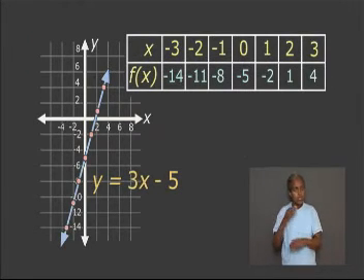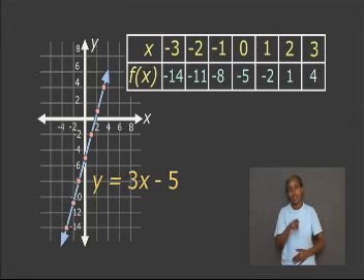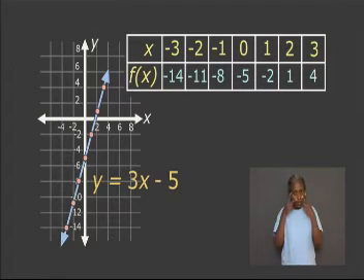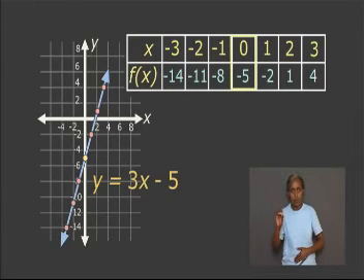Students, please look at your table of values and graph from the activity. For the function f(x) = 3x - 5, the b value is negative 5. You can see on your table and on your graph that when x equals 0, f(x) equals negative 5.